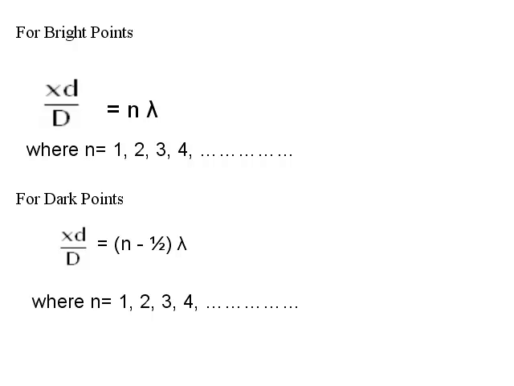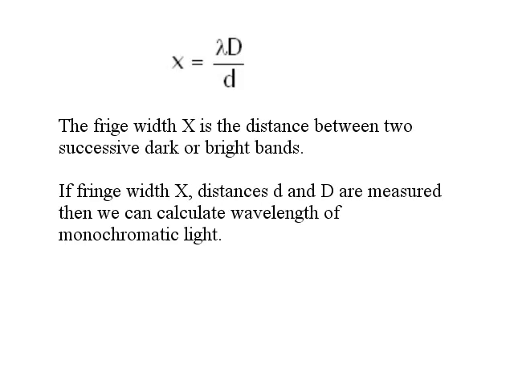Thus, for dark points, xd upon D is equal to n minus half into lambda, where n is 1, 2, 3, 4, etc.